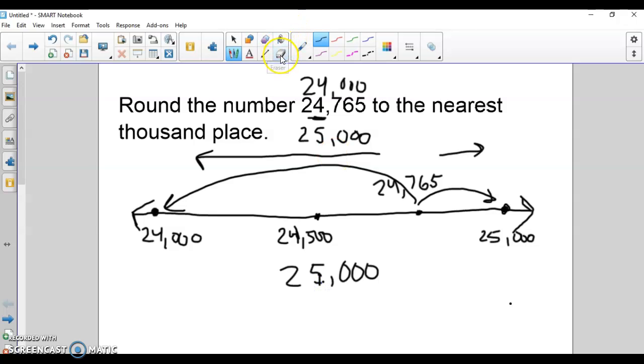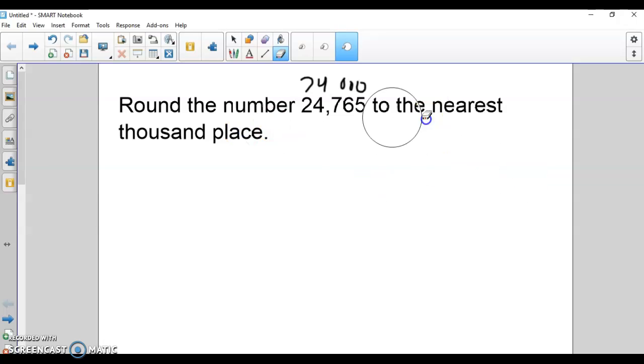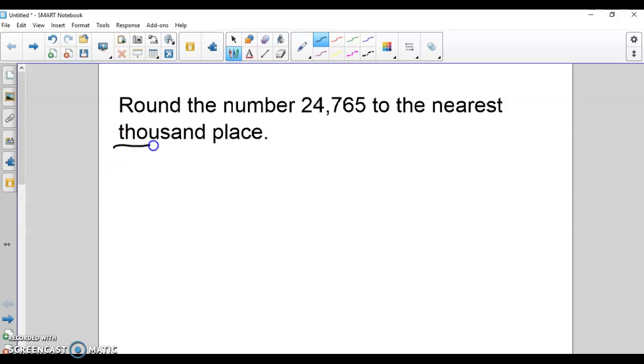Now, another strategy that you all know that I'm going to remind you is our nice little jingle. So I'm going to temporarily erase this. And we are going to use our jingle, which is we're going to circle the number. If we're rounding to the thousands place, we're going to circle the number and we're going to look to our right.